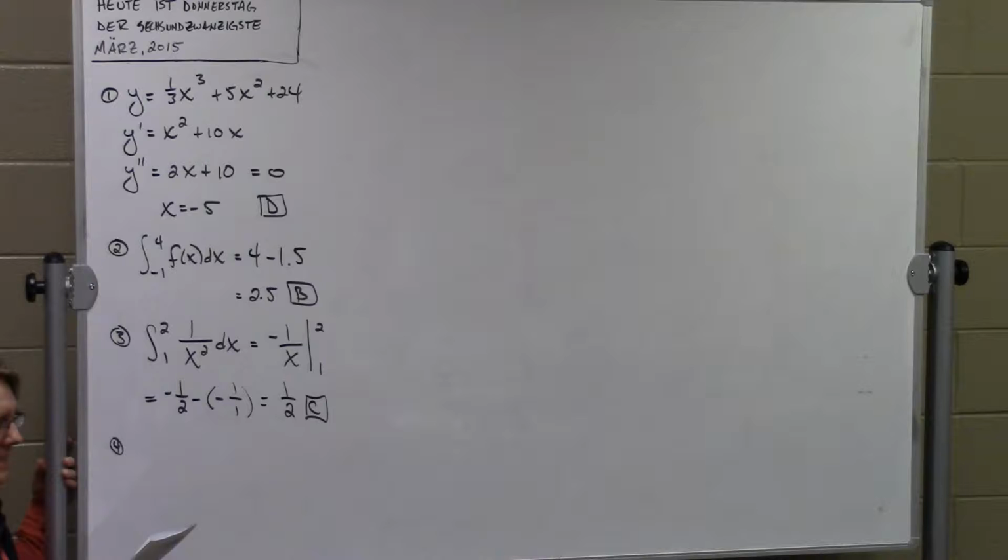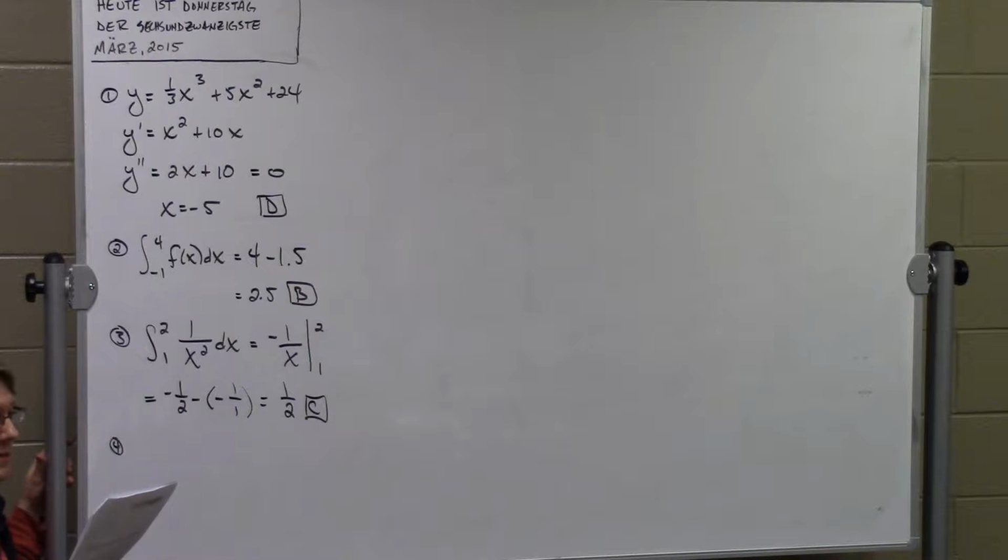F prime of C equals f of B minus f of A over B minus A for some C between A and B. That is verbatim the mean value theorem. The question is, could that be false? No, because they said continuous and differentiable first. It's proven. So A is true.